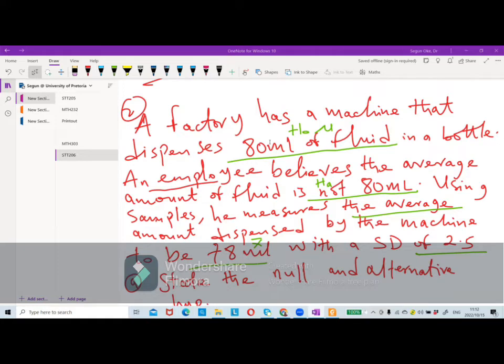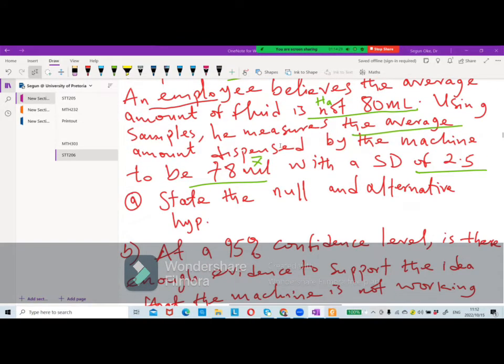Using a sample, he measured the average amount dispensed by the machine to be 78 ml with a standard deviation of 2.5. You know that you can only get the standard deviation after you've gotten the sample. Do we agree with me? Then state the null hypothesis and the alternative hypothesis.